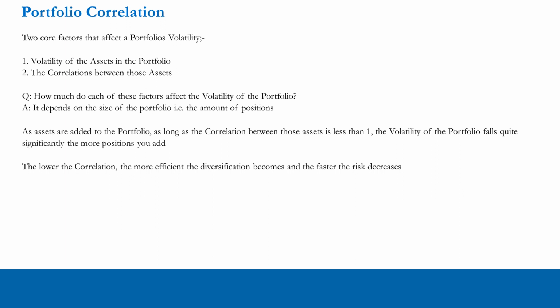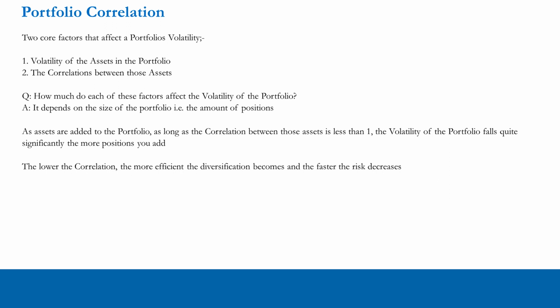And when Chris was going through this and teaching you how to calculate portfolio correlation, he posed a very simple question. How much do each of these factors actually affect the volatility of the portfolio? And the answer was, well, it depends on the size of the portfolio, so the amount of positions.